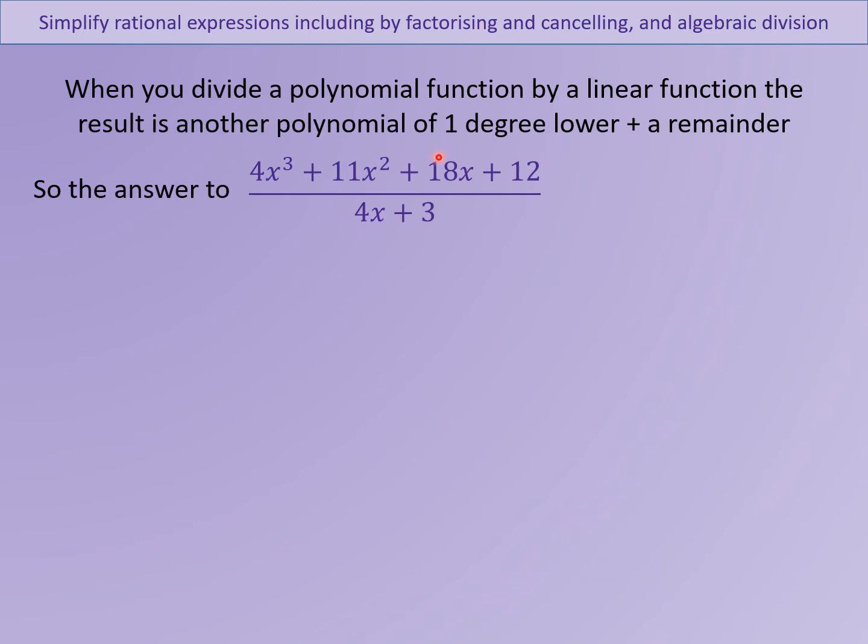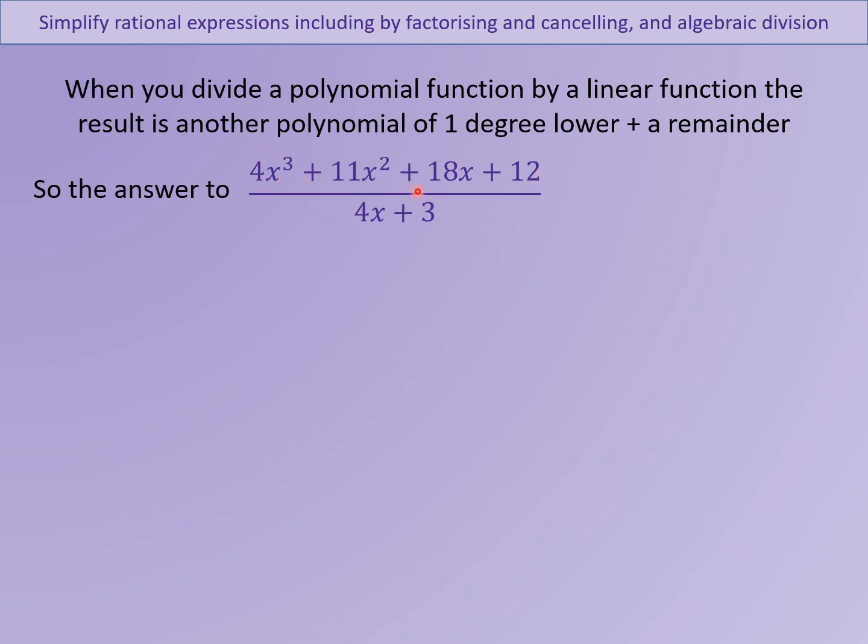So if you look at the answer to this, now the top line here shows that you've got a cubic function. So this cubic function here is getting divided by a linear function. That means your answer is definitely going to be a quadratic, because you've got 4x cubed divided by 4x. But it's worth spotting the fact that 4x plus 3 is not a factor of that top line.